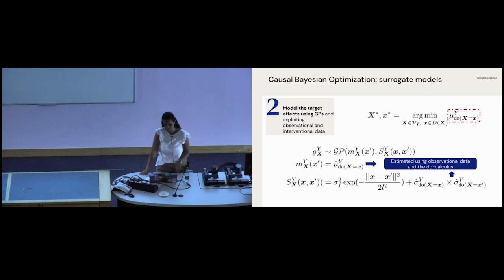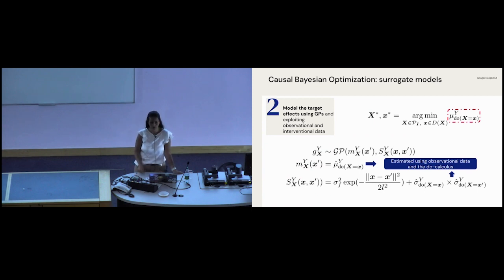Now, you can just use a Gaussian process without specifying anything, so just use a zero mean function and an RBF kernel. There's nothing that prevents you from doing that. But this would slow down the speed at which you're able to identify the optimal, because you're disregarding some information that you have about the system that comes almost for free, which are observational data.